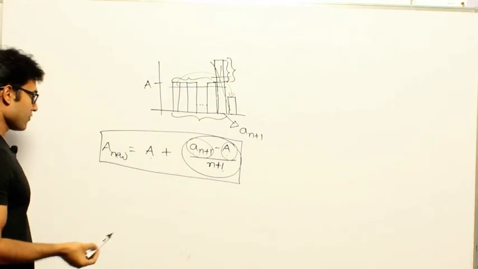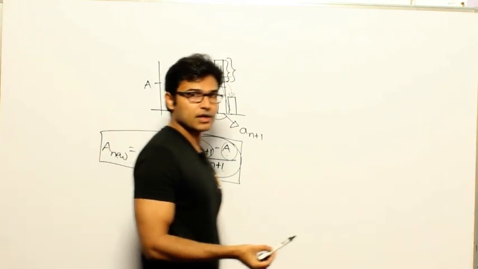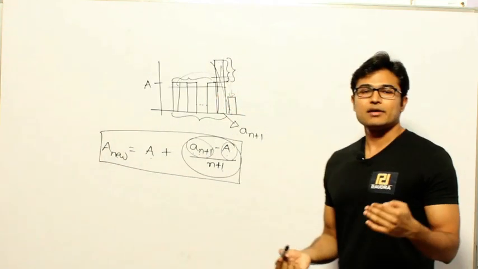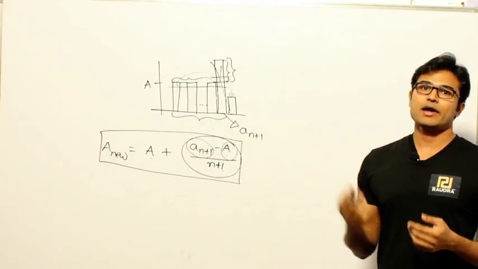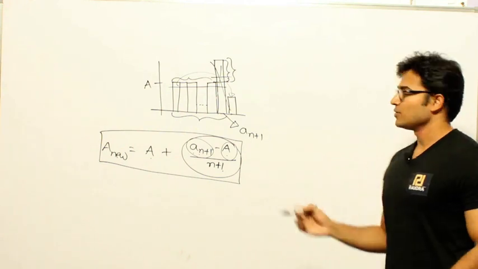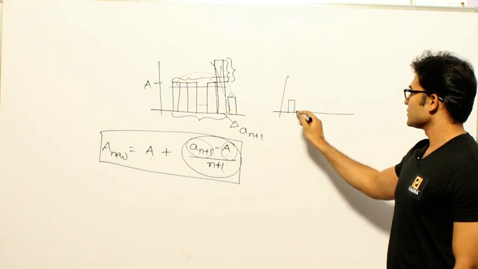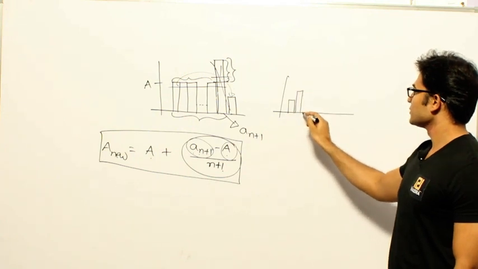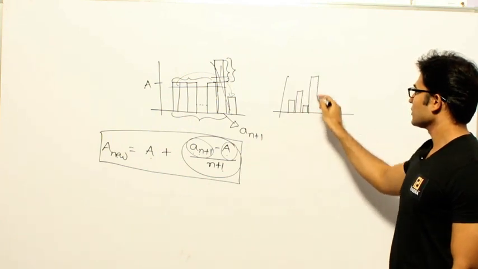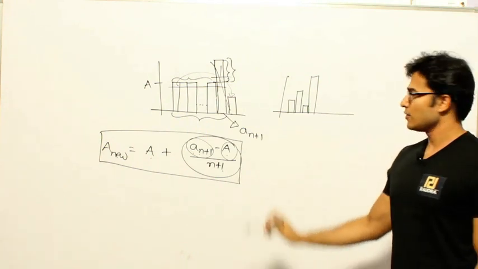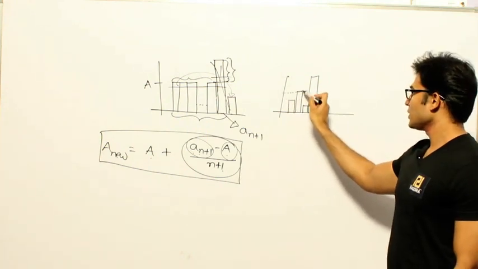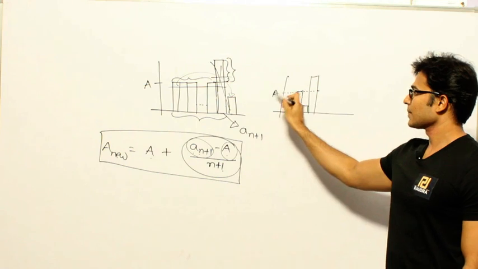So let us say we have deleted an element, right? And the element that you have deleted is actually contributing to the average by pulling it up. So let us assume that we have a few elements like this, right? One element is like this, right? And after finding out the average, let us say I found that the average is somewhere here, right?